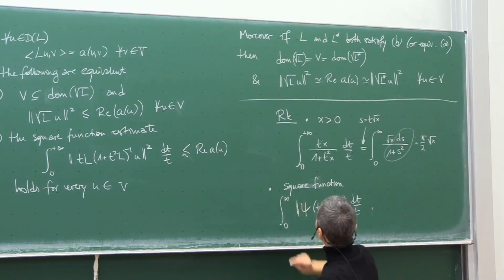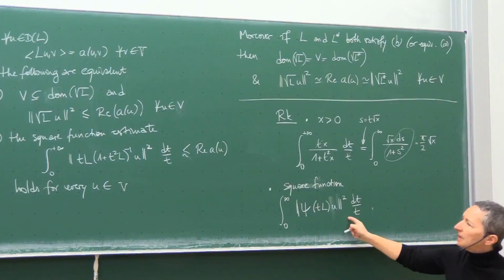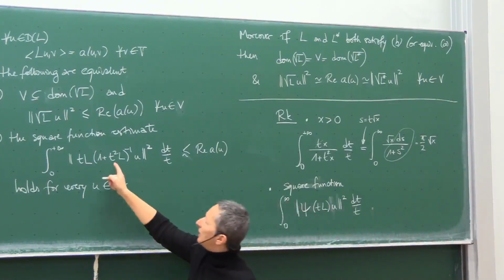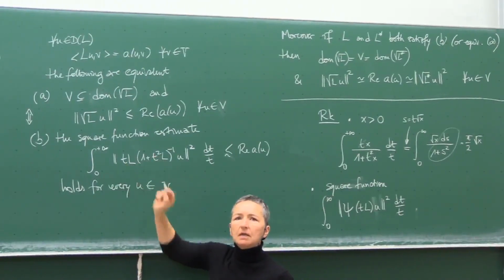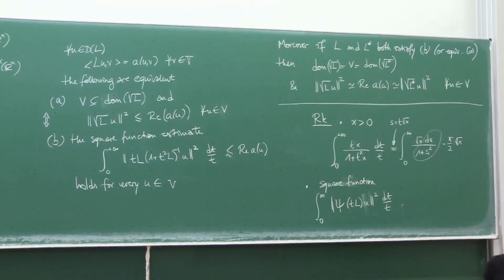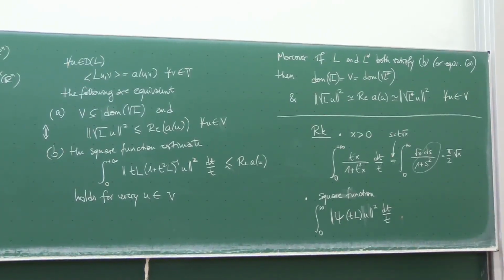The square function for a function psi applied to L would be this, but here it's not quite that, because we have a t squared. So how to go from one to the other?